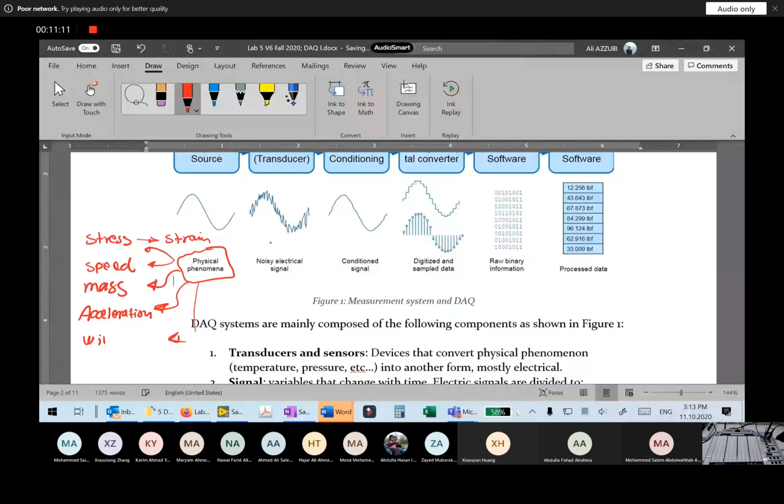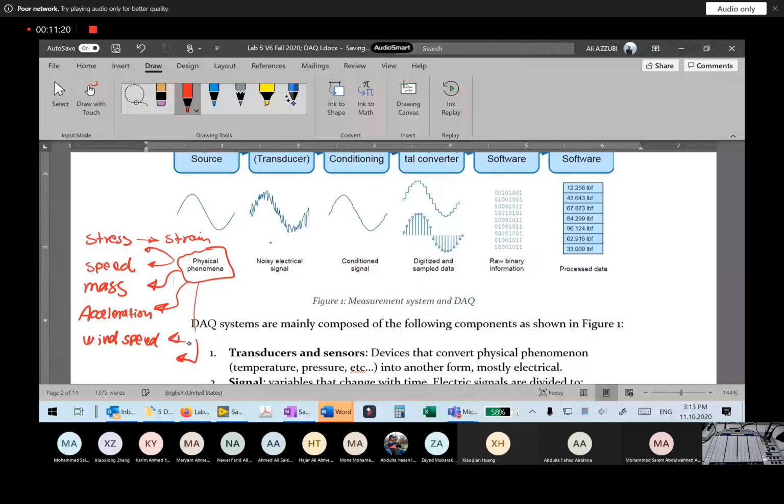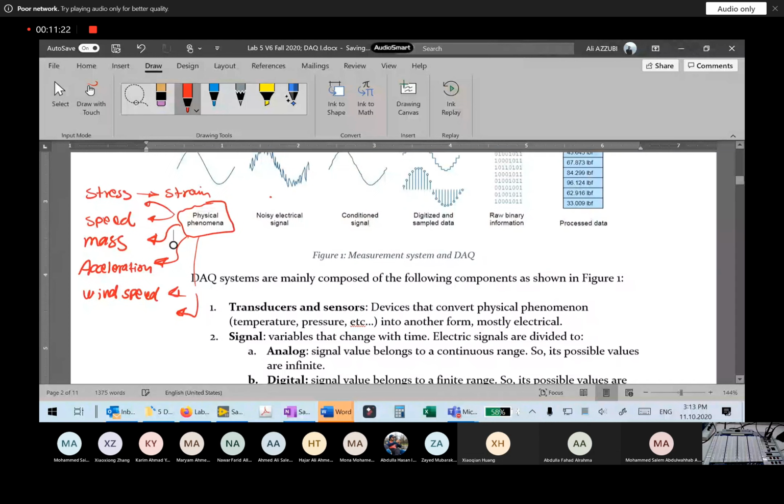Who can provide me with more phenomena that we can measure as mechanical engineers?